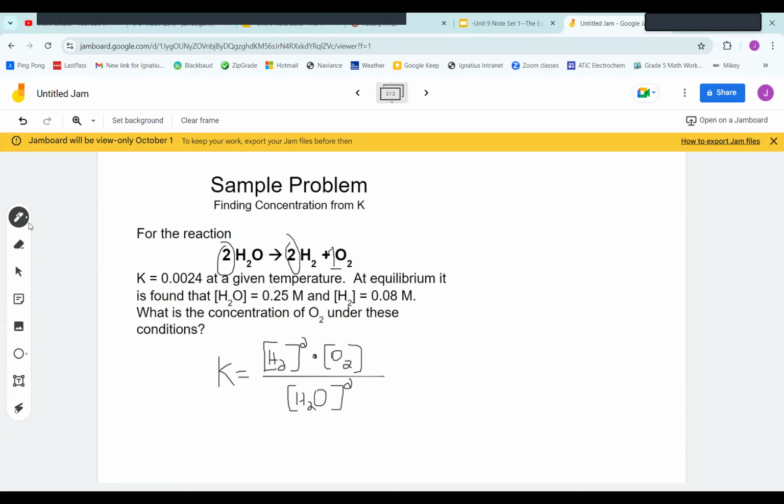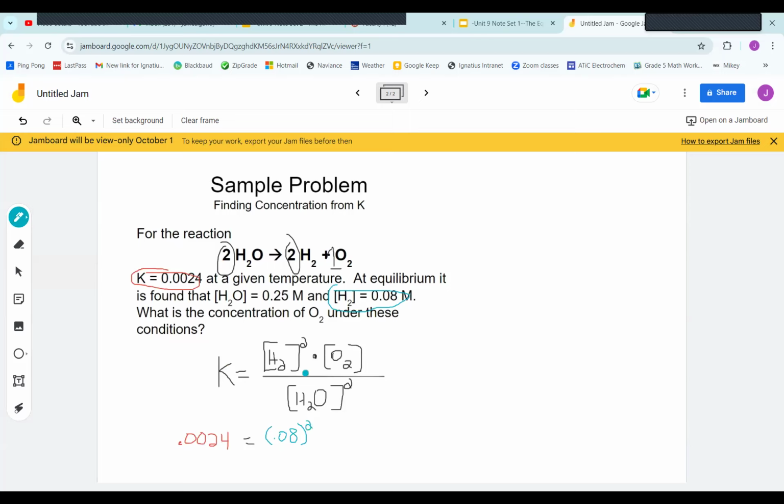Now, in this problem, they gave us the value for K right off the bat. What we're going to do is plug in the numerical value for K that was given to us, 0.0024. And then we're going to set that equal to the concentration of H2, which was given to us, 0.08.